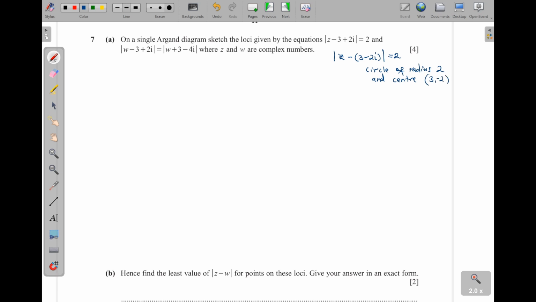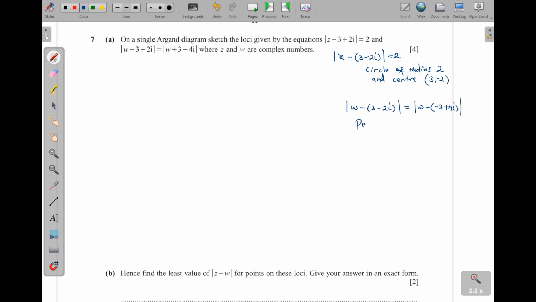Okay, then where we have this one, W minus 3 minus 2i is equal to W, then minus, I'm going to have also minus here, then minus 3 plus 4i, like that.